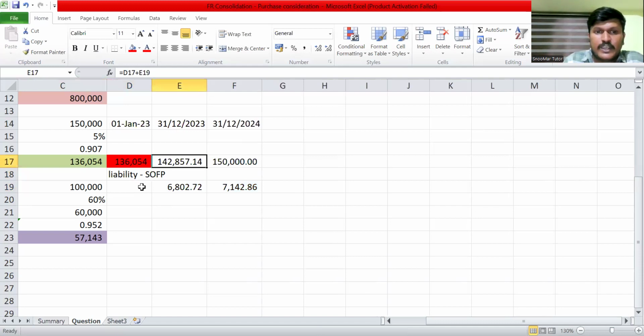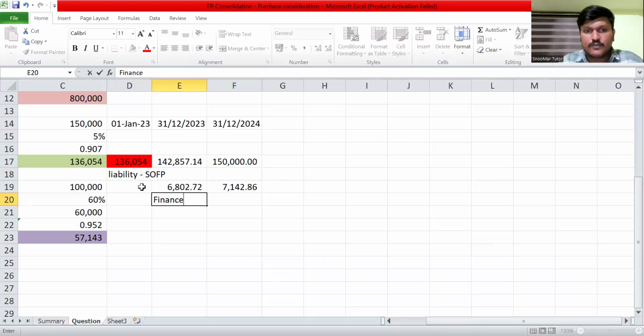So 142,857 should be the closing figure for the liability under SOFP, and 6,803 is your finance cost for that particular year. This is called unwinding of discount.